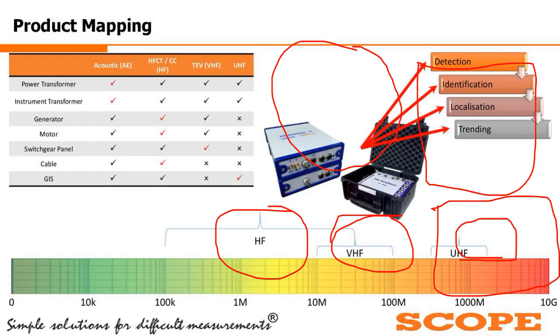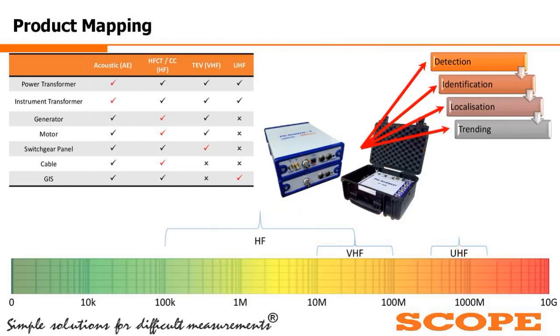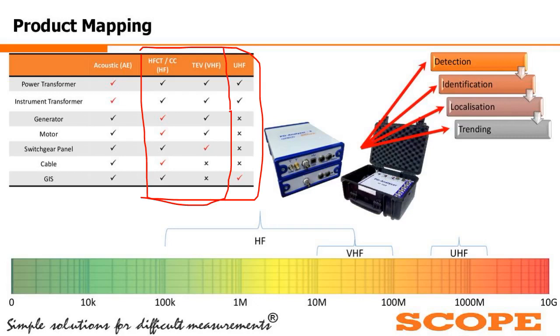Now, coming to the product mapping, this product once again can be used wherever HFCT and TEV are used. This is the zone. When we are talking about HF, we are talking about HF as well as VHF, and UHF means dedicated UHF.